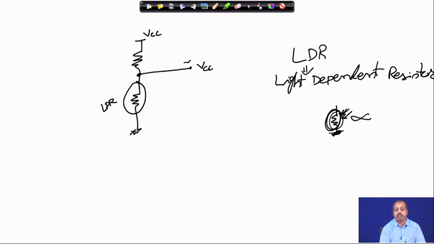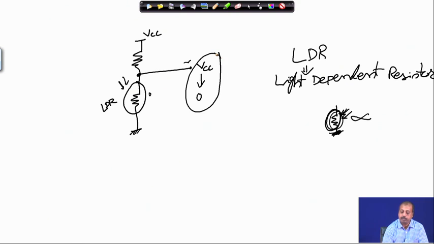But when some light is falling onto it, its resistance will decrease, and depending upon the amount of light, this resistance will vary. At the maximum, the resistance will be close to 0. As a result, this point will be almost grounded, so you will get almost 0 volts there. This is the electrical signal form of the light that is falling onto the system.